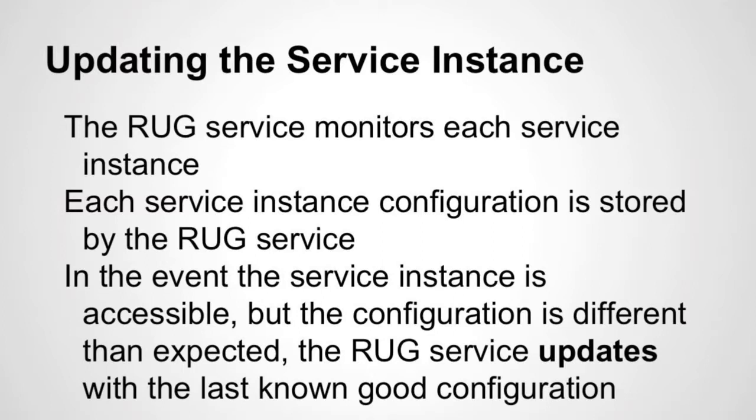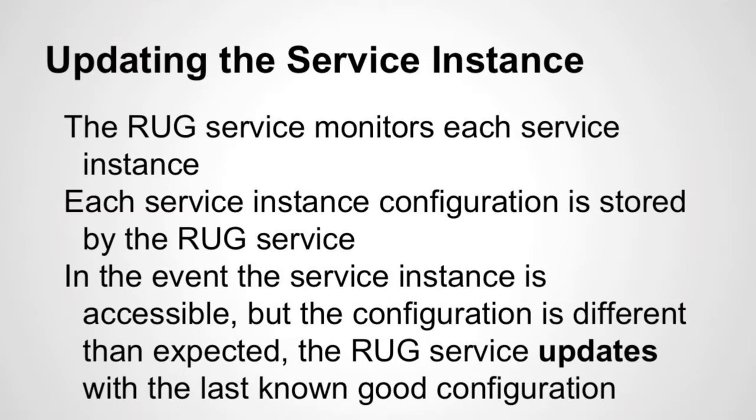Part of the lifecycle management is a health check that the RUG service provides in the environment. If the service gets corrupted, or the state tables in the system get corrupted or crash, the health check goes in and reinstantiates the state information for that particular service.